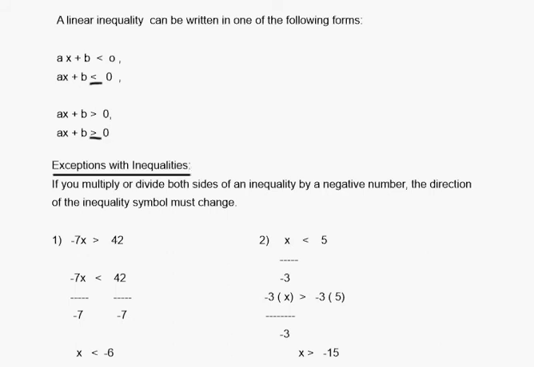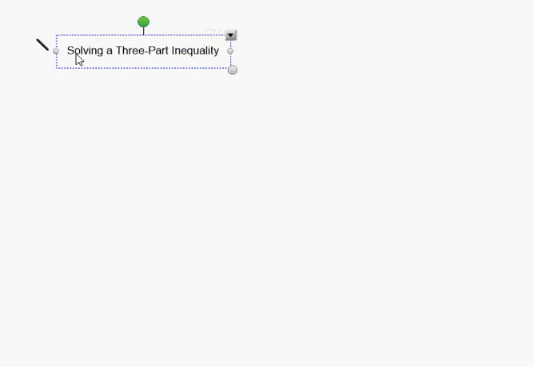Now, let's take a look at solving a three-part inequality. Suppose you have negative 8 is less than 2x plus 10 is less than 16.